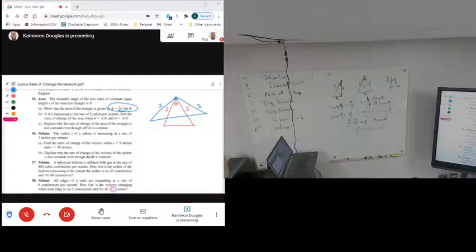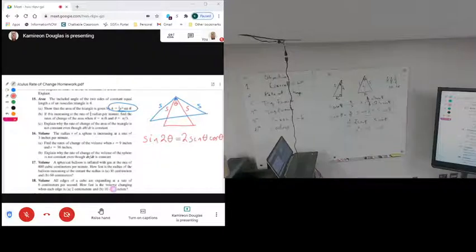I'll give you a hint. It's either in the half angle formulas or the double angle formulas. Look for something with sine times cosine. What's it say? Sine of 2 theta is equal to 2 sine theta cosine theta.